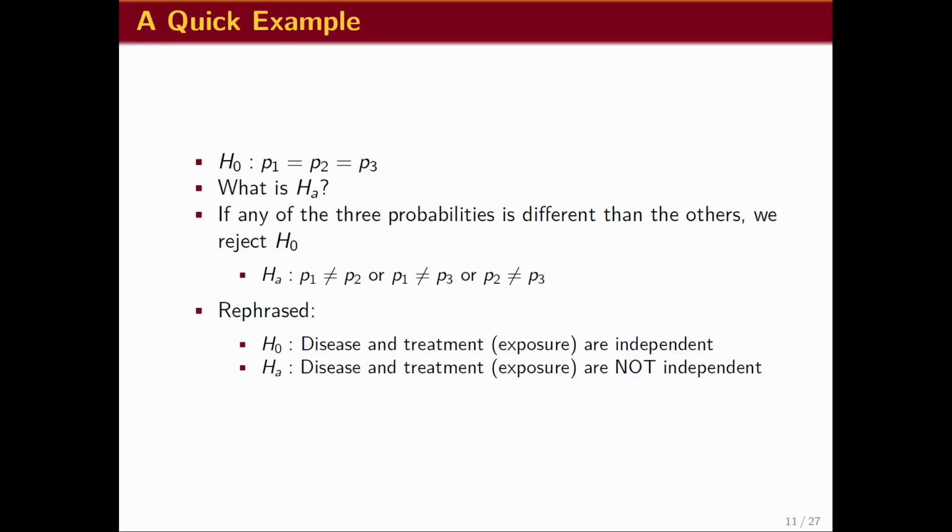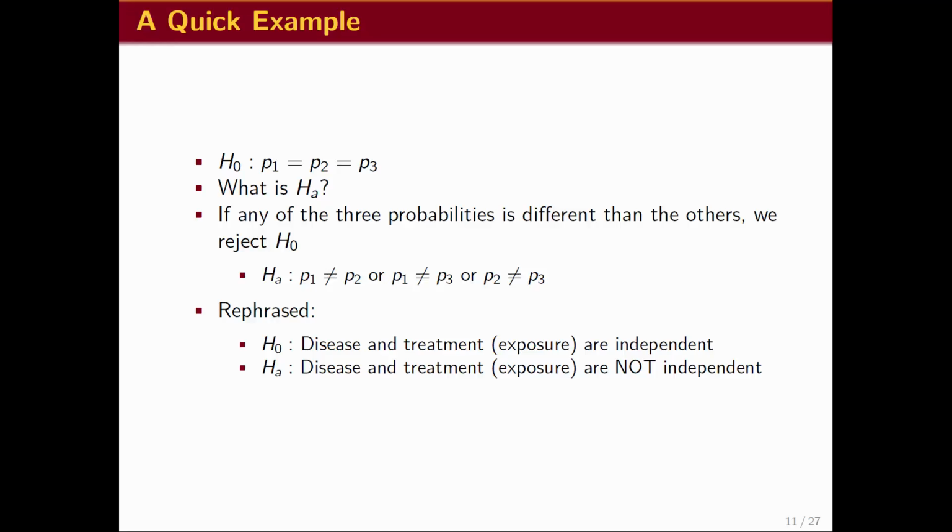So the key thing is that if we set up our null hypothesis that all of these probabilities of disease are the same, right, regardless of exposure, then that is a very strict null hypothesis, right? And what I mean by that is that if you think about what exists in the alternative, any situation in which all 3 of these probabilities are not the same is in the alternative, right?